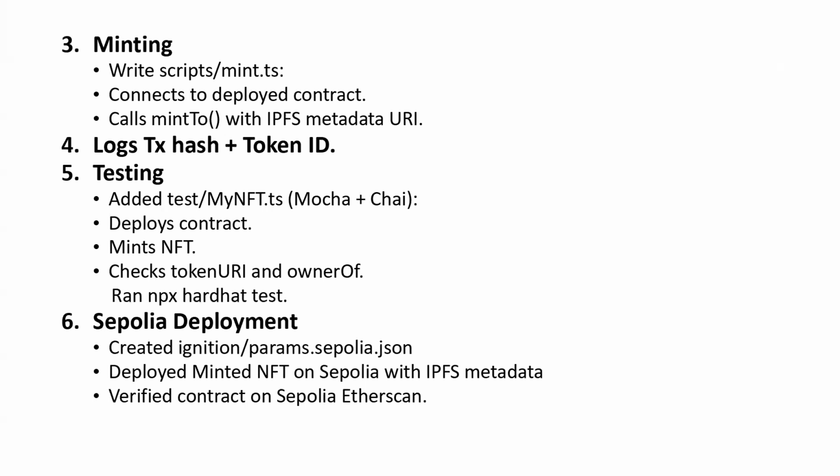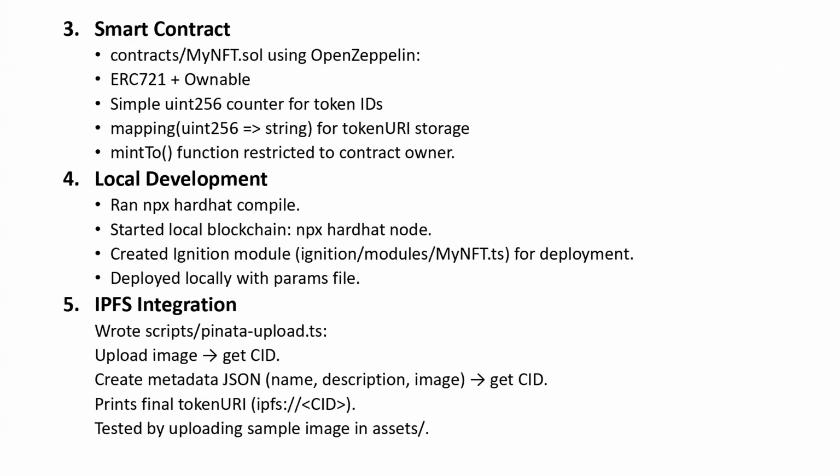So for that, we will add my nft.ts in the test folder. We will deploy the contract. We will mint the token and check the token URI and ownerOf by calling these functions. Finally, we will deploy it to the Sepolia network. So this is basically simple. I will just give you a recap.